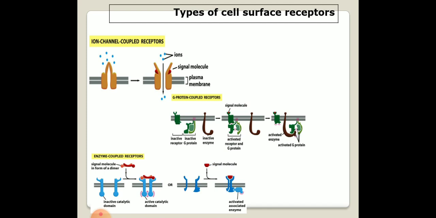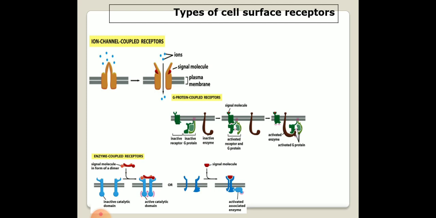Here what happens, the binding of signal molecule to the receptor opens the receptor channel and ions are conducted. This type of receptors we will see in the later sections. They are present in the electrically excitable tissues like nerve cells, muscle cells. Here the opening of the channel causes conduction of ions. Thus they are called ionotropic receptors.